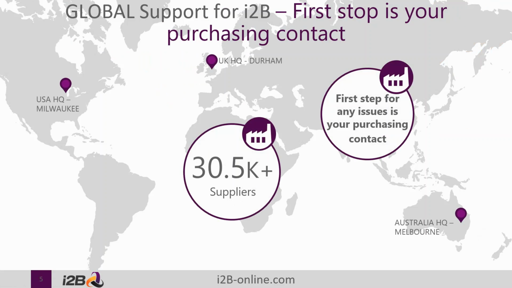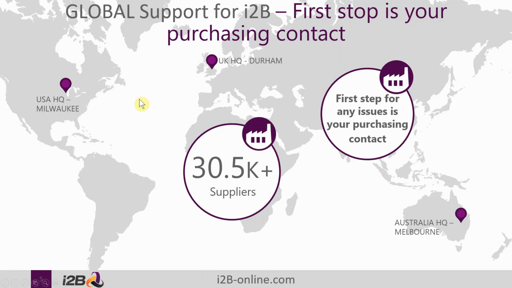Now, with regards to ongoing support, if you've got any questions at all, your first stop or your first point of contact is your purchasing representative at your customer. i2B has over 30,000 suppliers using our software worldwide. We have 3 offices in the UK, Australia, and the US.